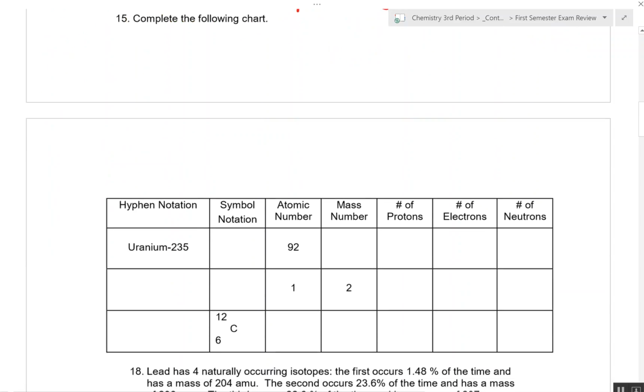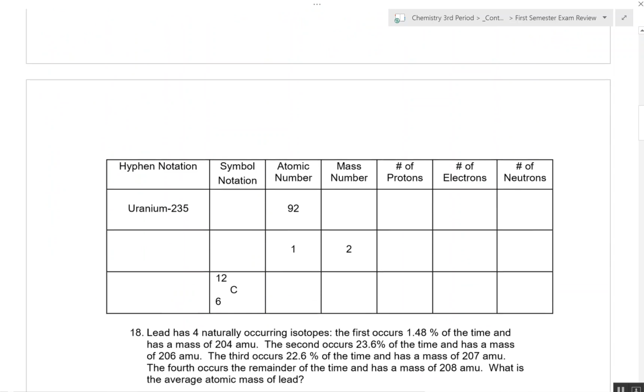Complete the following chart. This one gave a few of you some fits. So, when it's written uranium dash something, it is the mass number. So the mass number for uranium-235 is 235. What's the number of protons in uranium? 92.